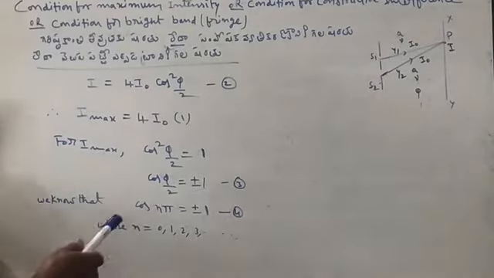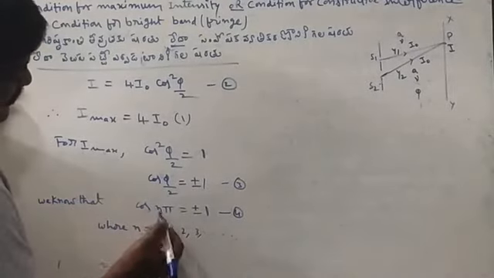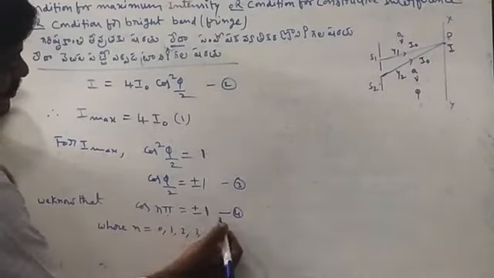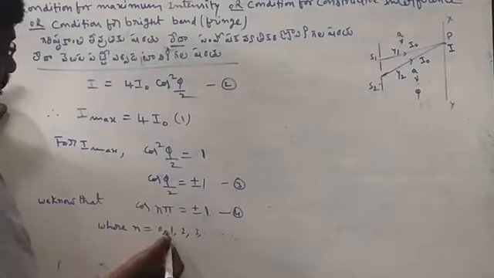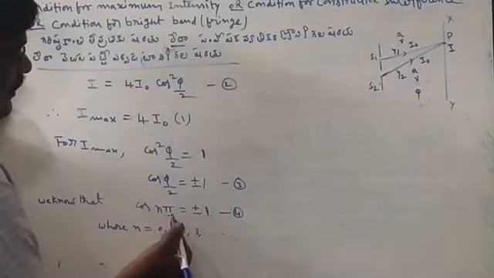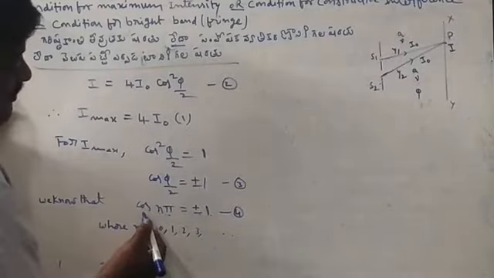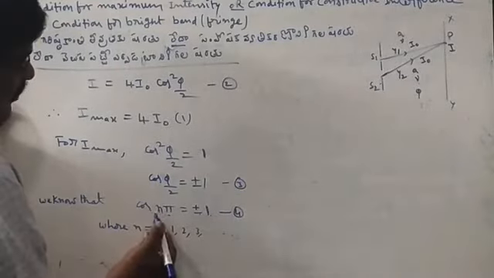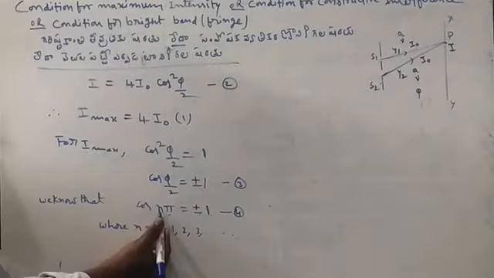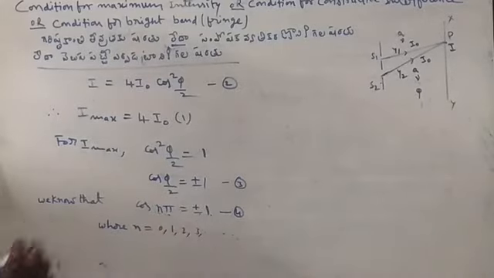Substitute 0: cos 0 is equal to plus 1. Next, cos pi is equal to minus 1. Cos 2 pi is again 1. Cos 3 pi is minus 1. Cos of even multiples of pi is equal to 1, and cos of odd multiples of pi is equal to minus 1.